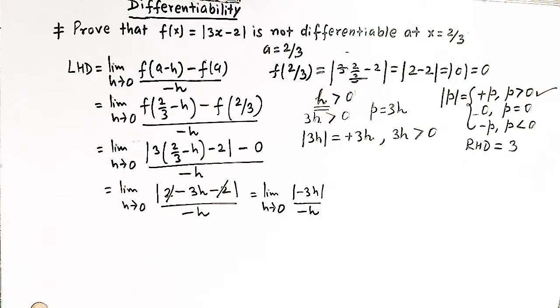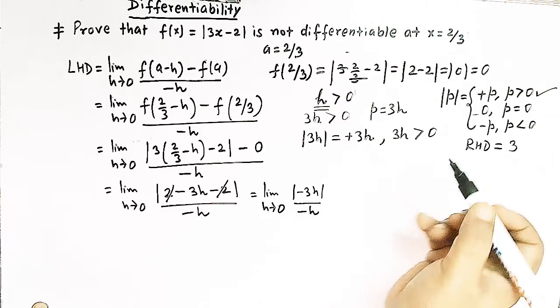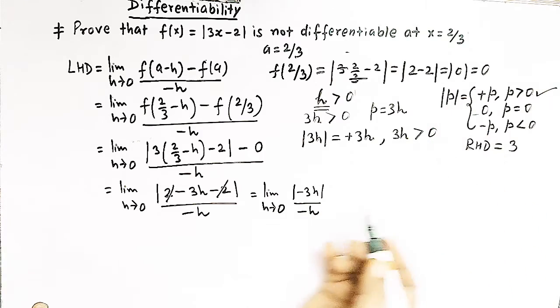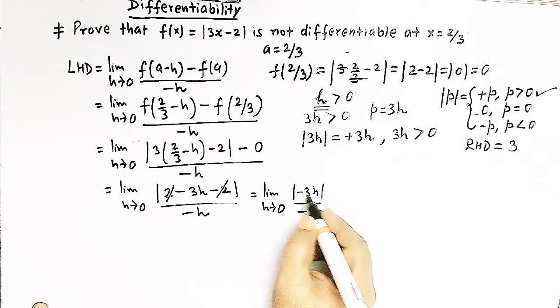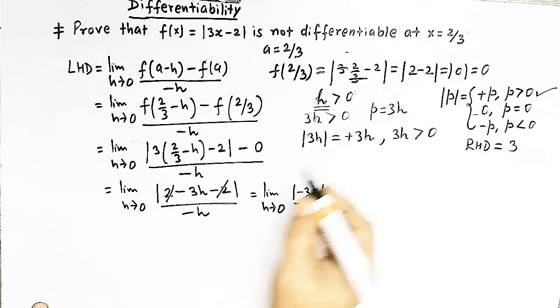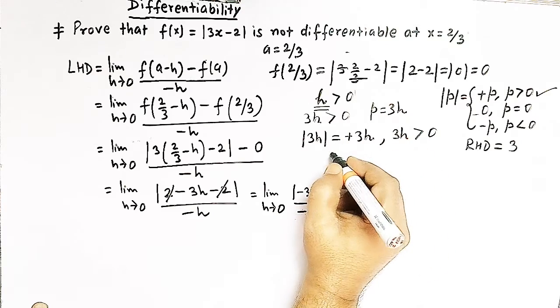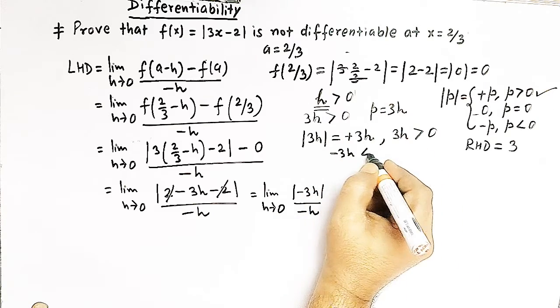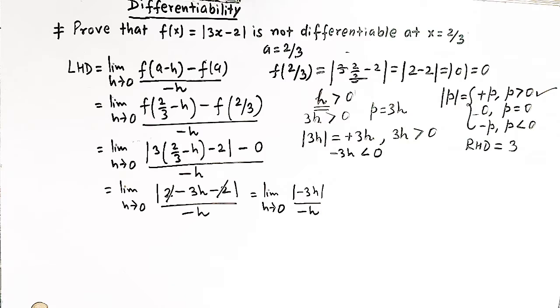Now again using the definition of mod function, inside the mod function symbol we have a negative 3h. Now h is greater than 0, so minus 3h is less than 0, right?